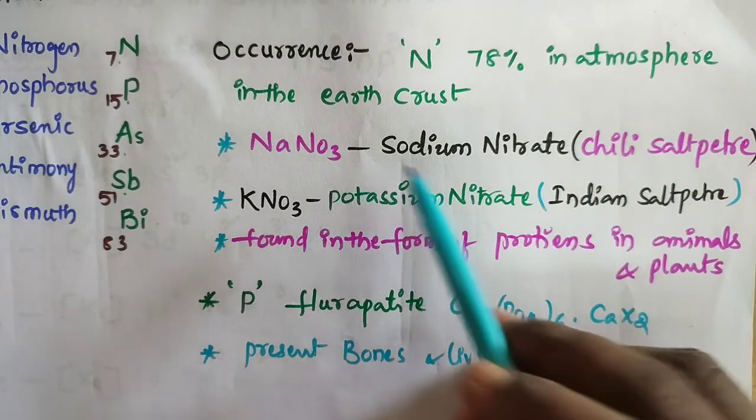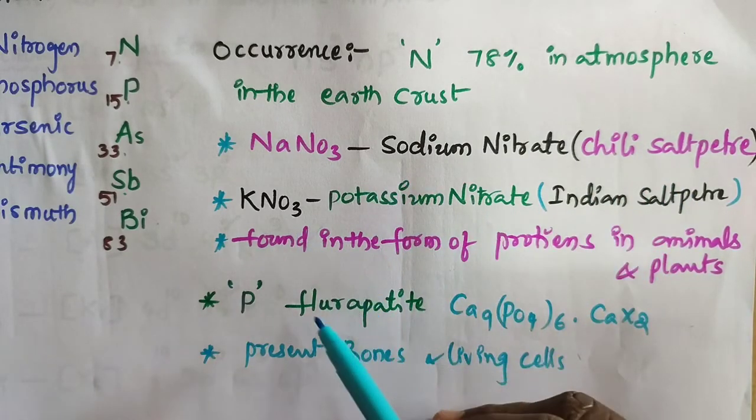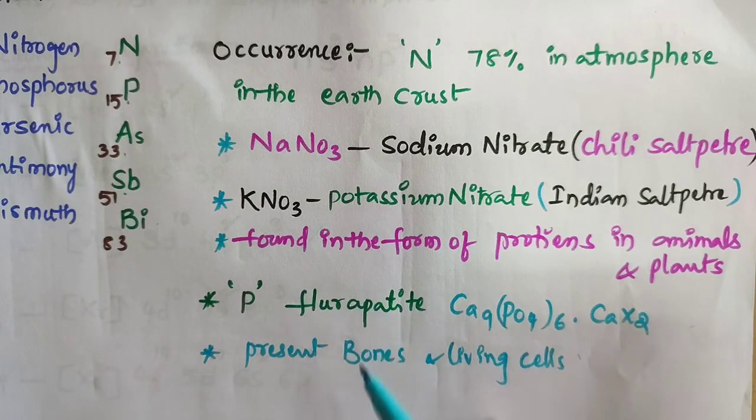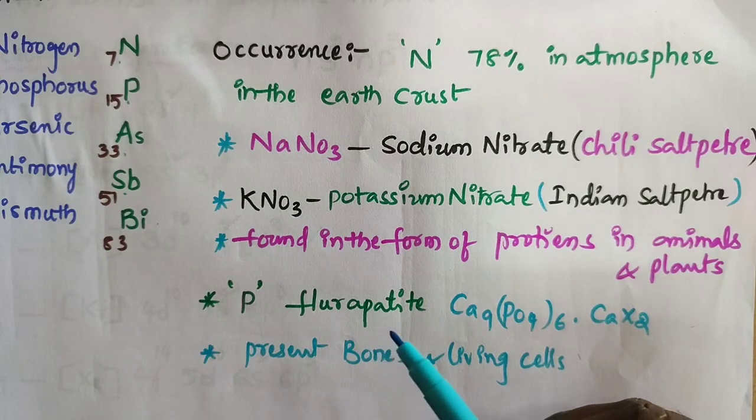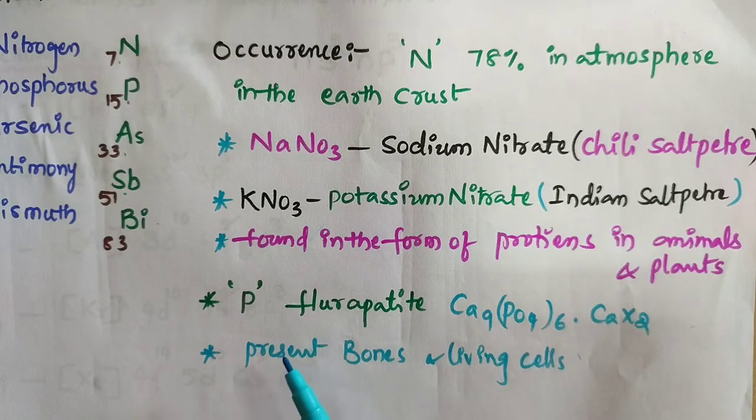Nitrogen is also found in the form of proteins in animals and plants. They contain nitrogen.